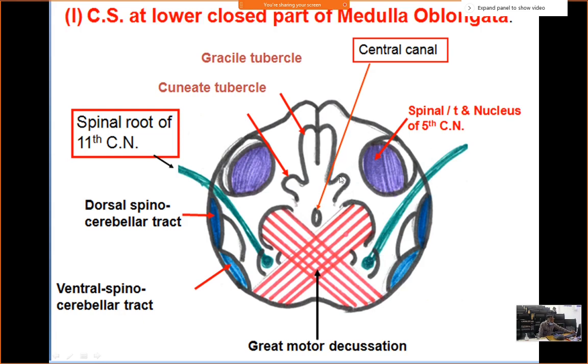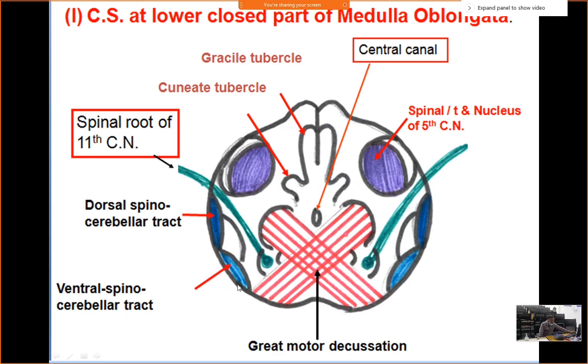Now in this white matter, this condensation of fibers is our spinal tract and nucleus of the trigeminal nerve. Then in the ventral part, this is your ventral spinocerebellar tract. That means fibers come from the spinal cord and then go to the cerebellum.